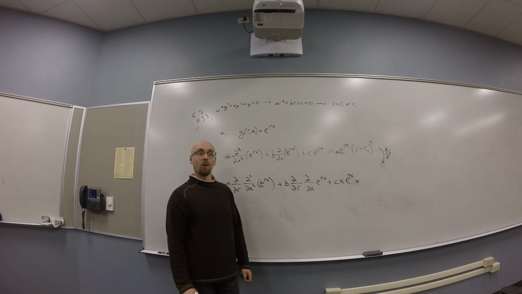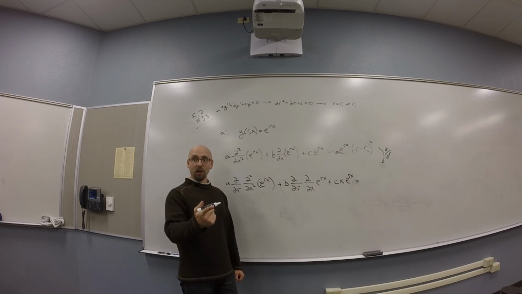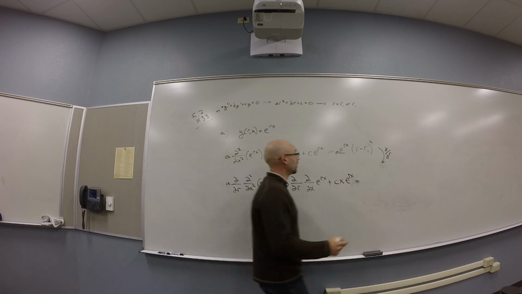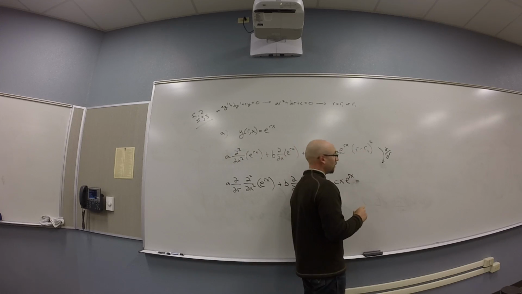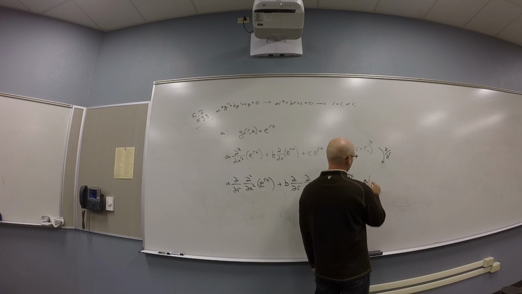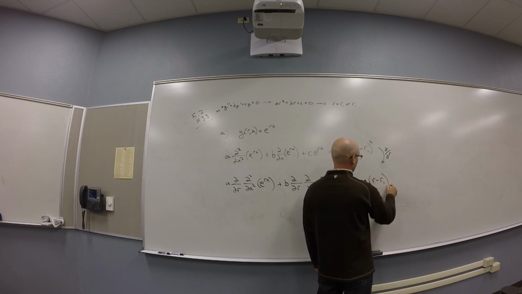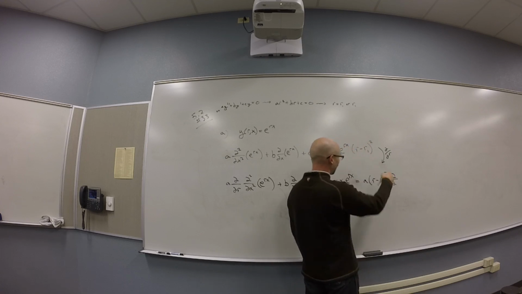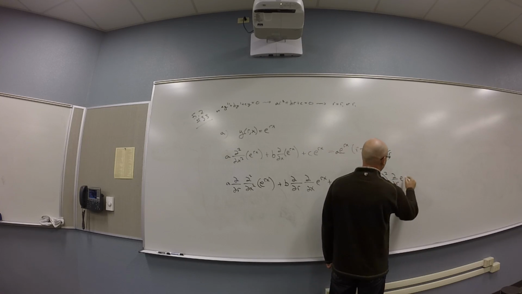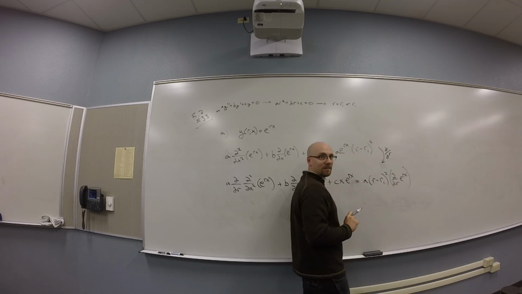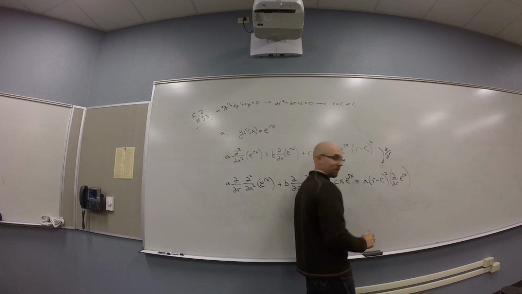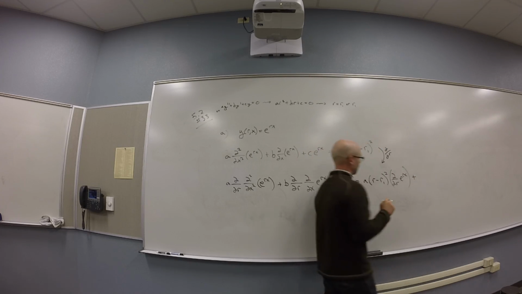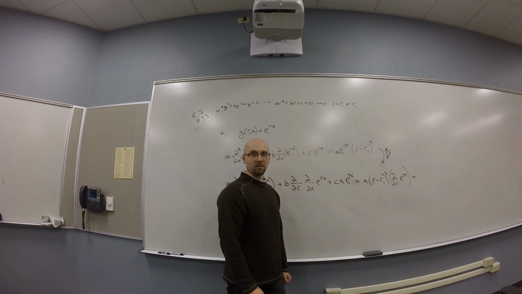What do you need over there? Product rule, right? To get the product rule of this stuff, I need a times the derivative of the first thing, times the second, plus what should the other one be?